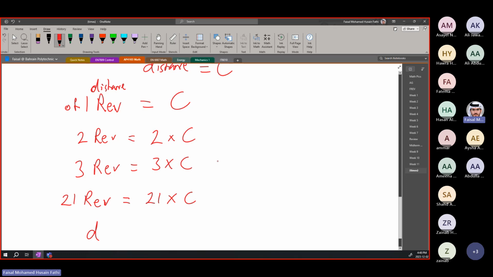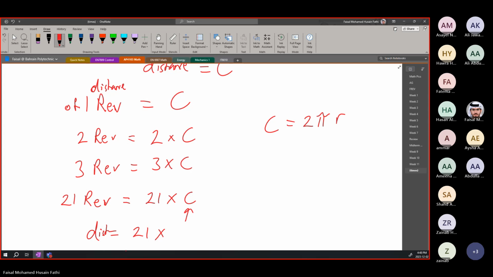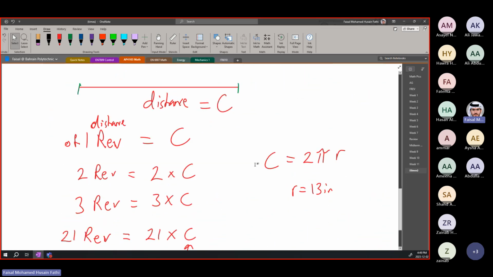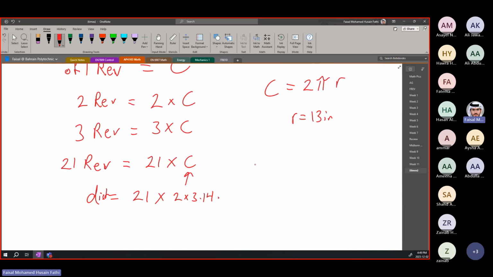If we write this as an equation, let's just call it distance so there's no confusion. Distance is equal to 21 times the circumference C. What is C equal to? 2 pi r. So it's 2 times 3.14 times r. R, which we found earlier, is 13 inches.